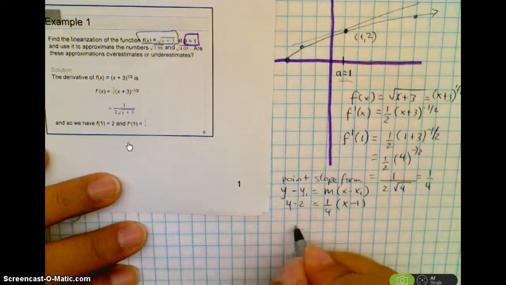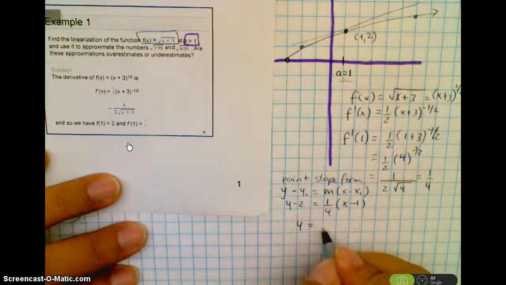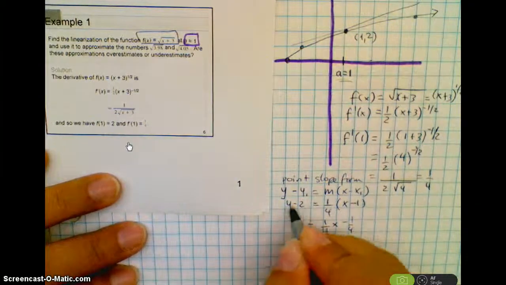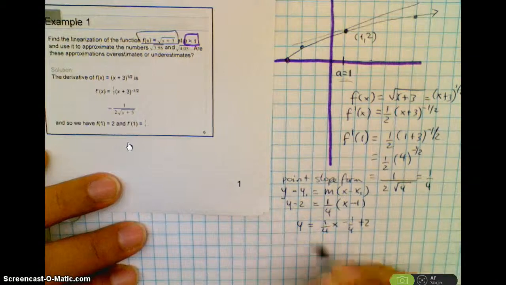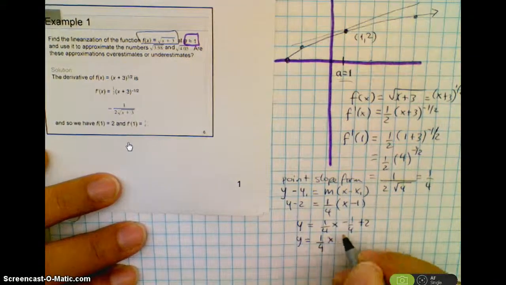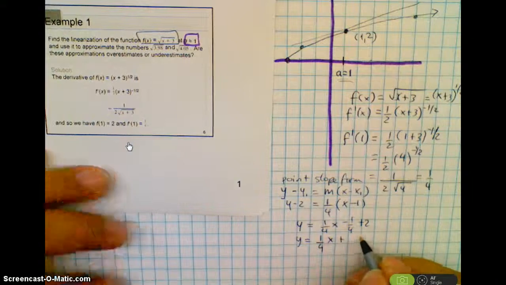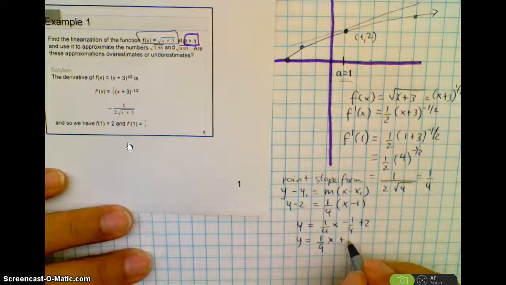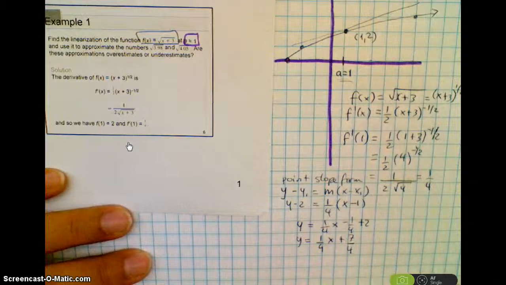Now I'm going to just write it as y equals mx plus b. So it will be 1/4 distributed, minus 1/4, and then this minus 2 comes over as plus 2. Now I'm just going to simplify, and I have 1/4 of x plus 8/4 minus 1/4, which is 7/4.